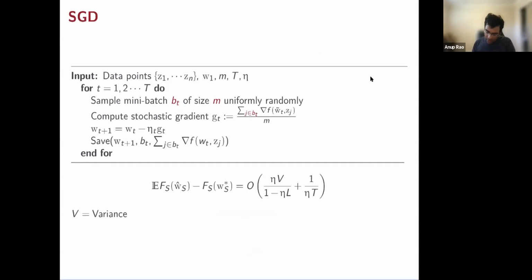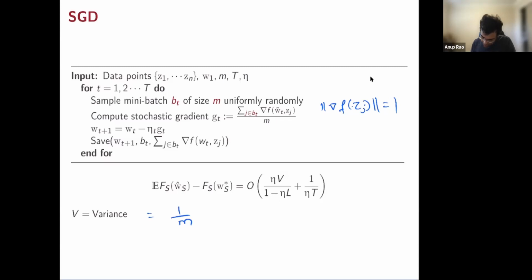And for the accuracy computation, we can use the convergence analysis for stochastic gradient descent algorithms. Here V is the variance of the stochastic gradient. In our case, since we use m mini batches, and we assume each of the gradient terms has norm 1, the variance turns out to be 1 over m.